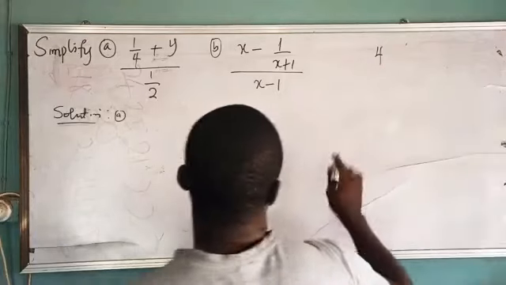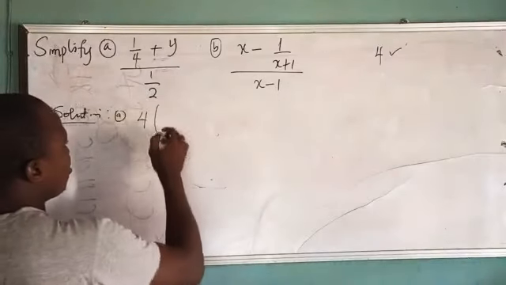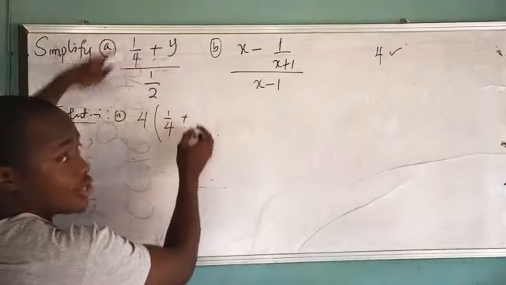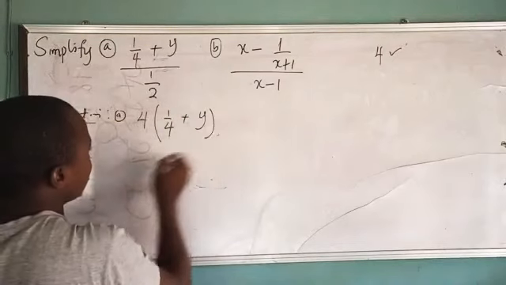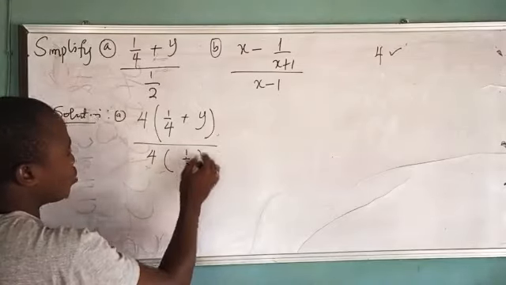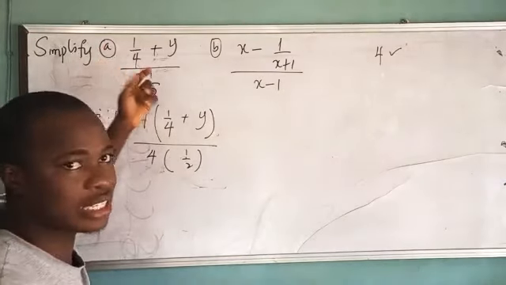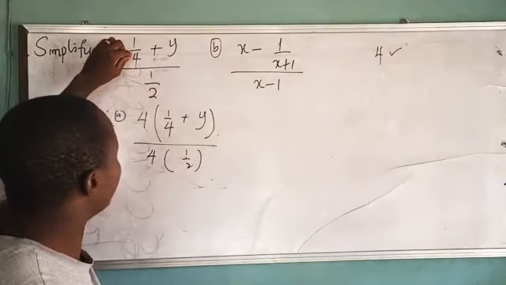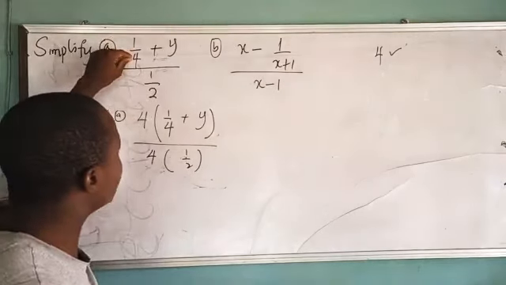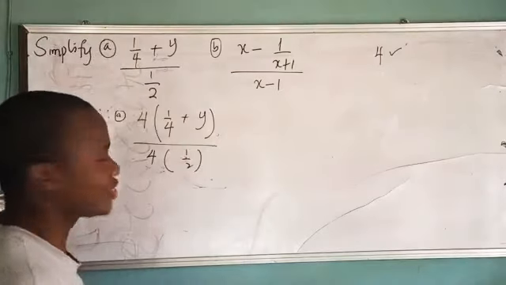Therefore, picking 4, we multiply 4 by both the numerator, that is 4 plus y over 4, and the denominator, 1 over 2. So we picked the appropriate common factor, 4, which will go in without remainder, and 2 will also go in without remainder. Do you get what I'm saying?